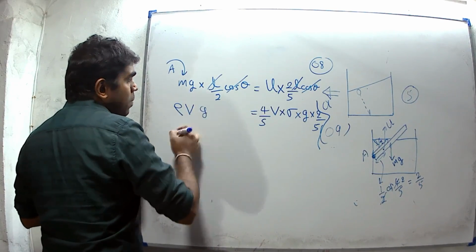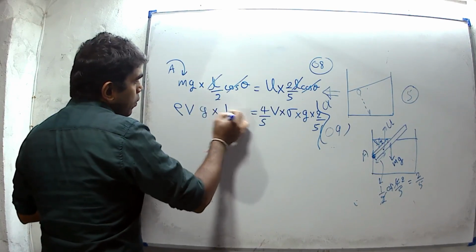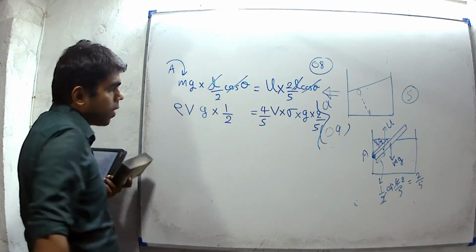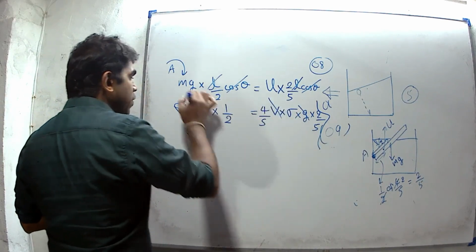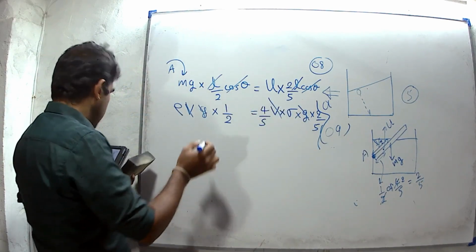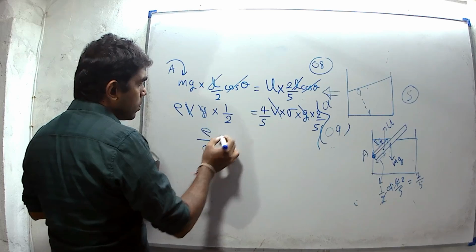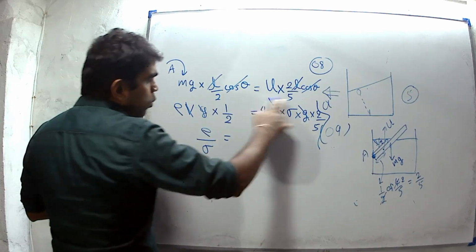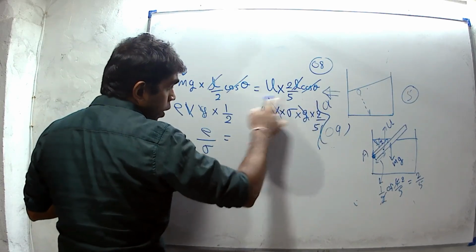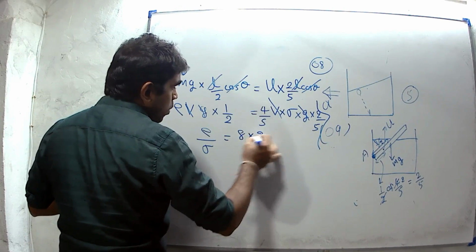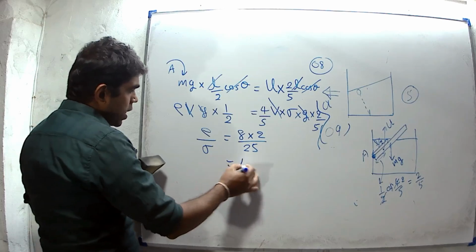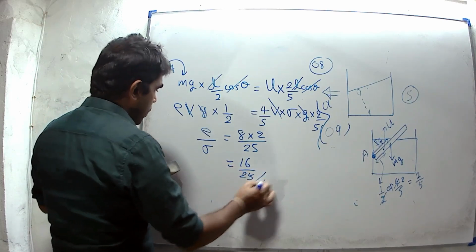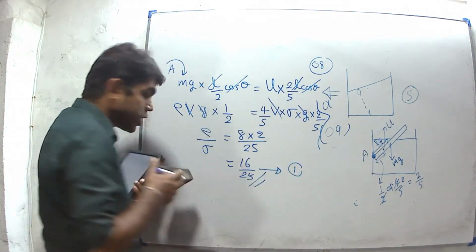We multiply by g and by this half. Then we can cancel out g and g, V and V. We have to find rho over sigma. 4 into 2, 8, multiplied by 2 over 25. 8 into 2, 16 over 25. The answer is 1 for question number 9.